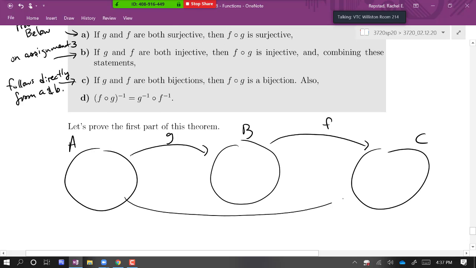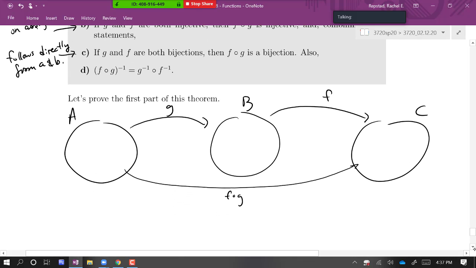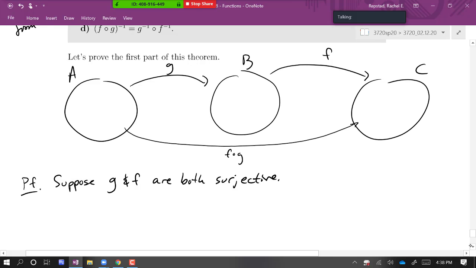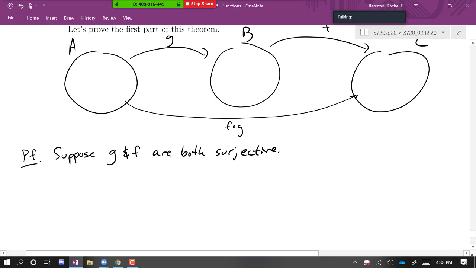The composition mapping directly from A into C. So let's suppose that g and f are both surjective. We're going to show f of g is surjective.